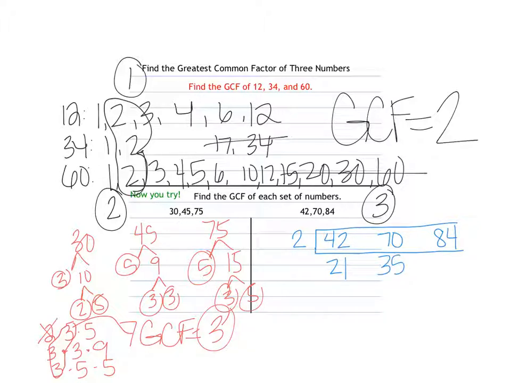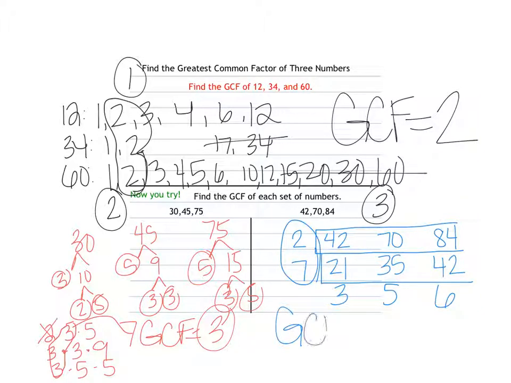And then 84 divided by 2 is 42. I know they can both be divided by 7. So 21 divided by 7 is 3, 5, 6. And then they all can't be divided by anything else of the same number. So my greatest common factor is 2 times 7, which is 14.